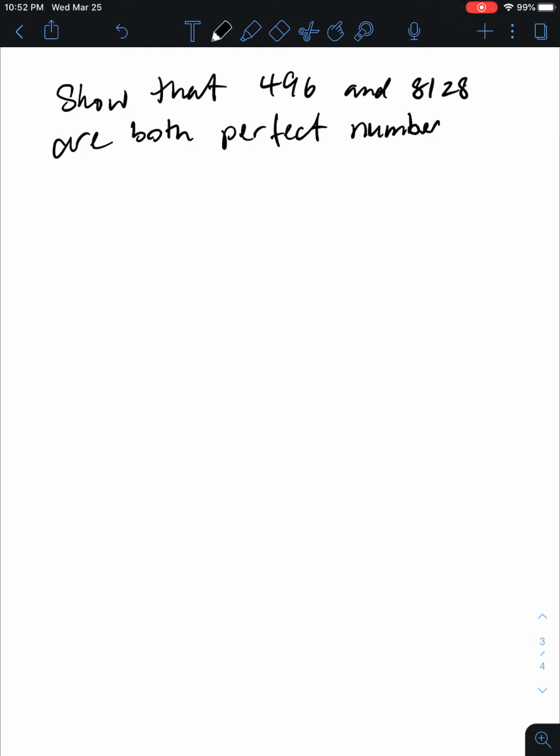And in order to do that, you're going to have to find a factorization, a factor tree of both of those numbers, and then use the factor tree to write down a table of all the divisors of them, and then add up the proper divisors, and you'll get the number back again.